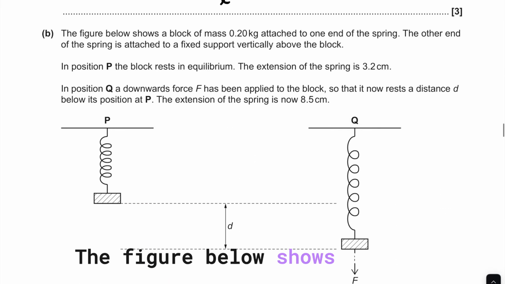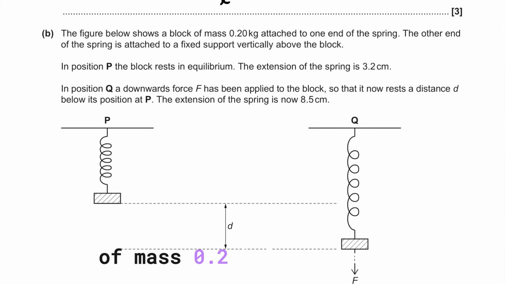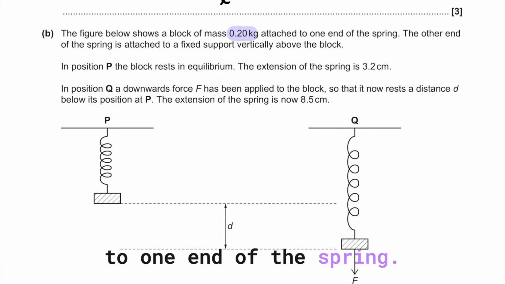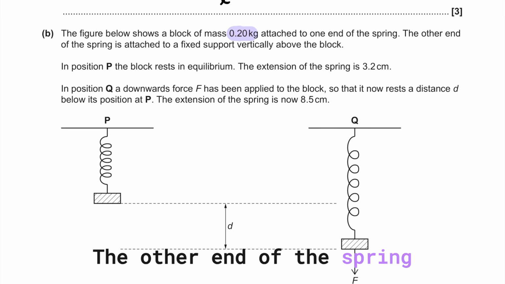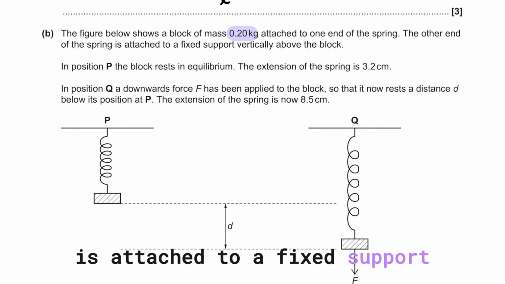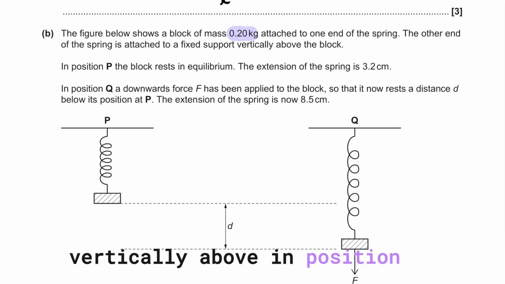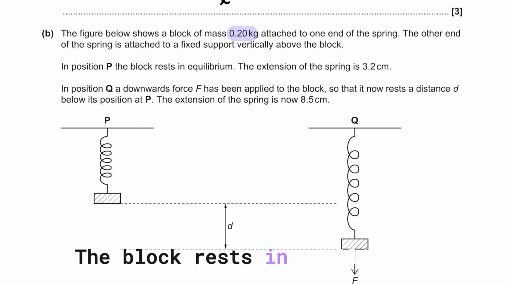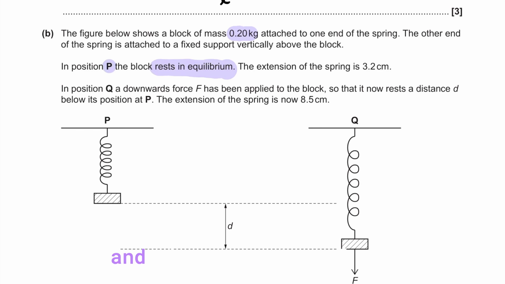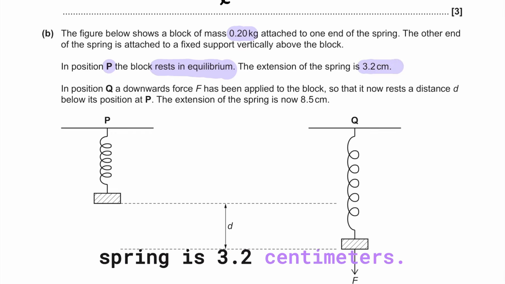The figure below shows a block of mass 0.2 kilos attached to one end of the spring. The other end of the spring is attached to a fixed support vertically above. In position P, the block rests in equilibrium, and the extension of the spring is 3.2 centimeters.